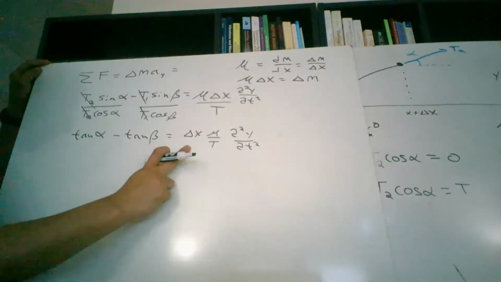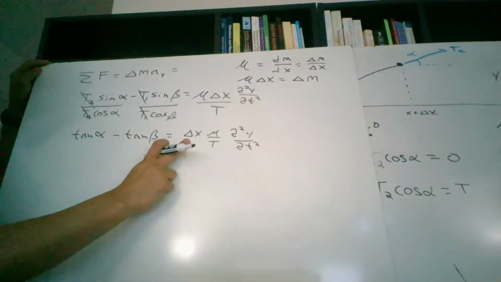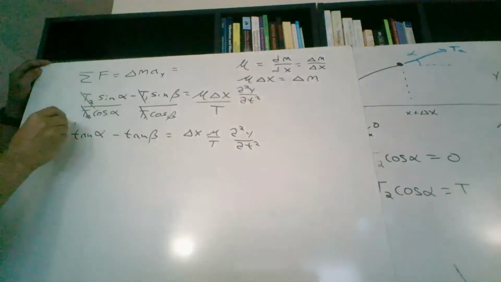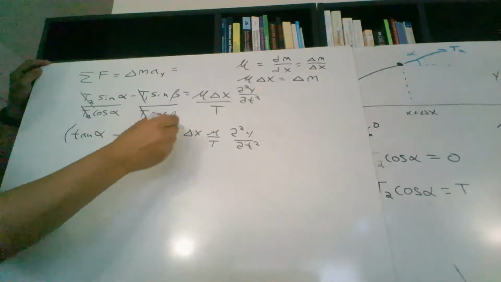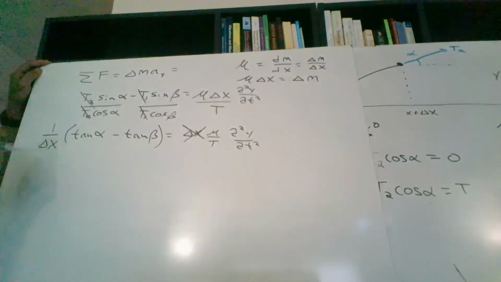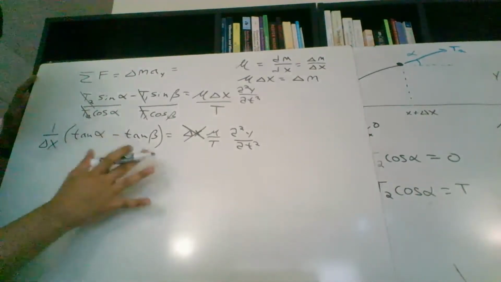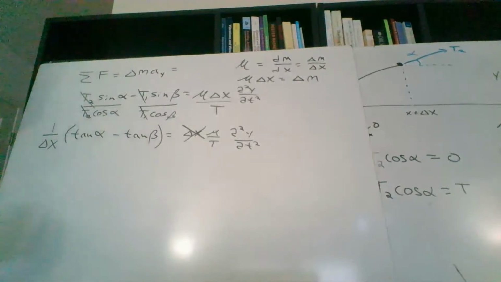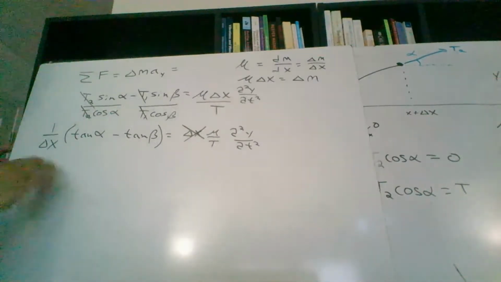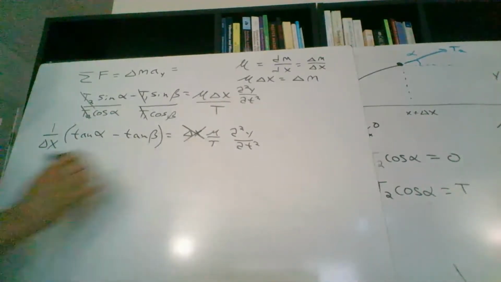The reason I'm bringing this over is because I'm going to divide it to the other side, so I'm going to take the delta x and divide it to the other side: 1 over delta x. Believe it or not, we almost have the wave equation that I talked about on Wednesday's class. We are almost there.